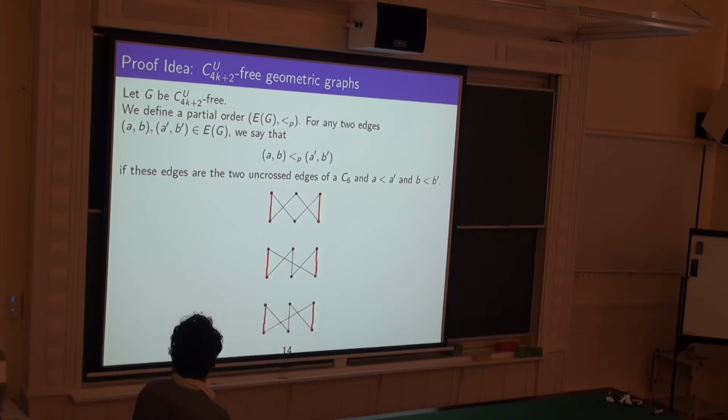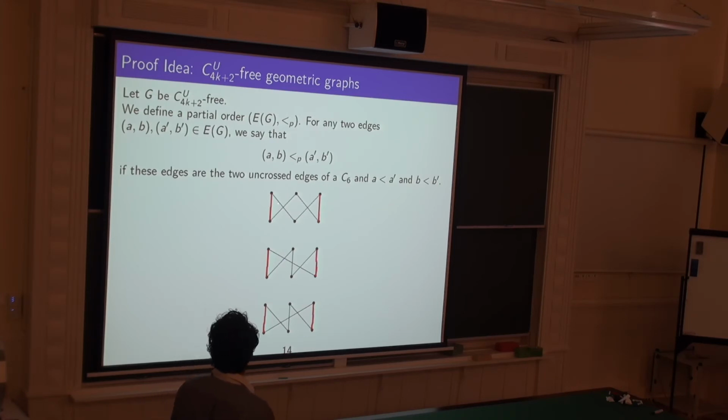Now we will define a partial order on the edges of G in the following way. We say that an edge is less than another edge if they look like this, so that AB is on the left and A prime B prime is on the right, and between them we have one of these 3 configurations.